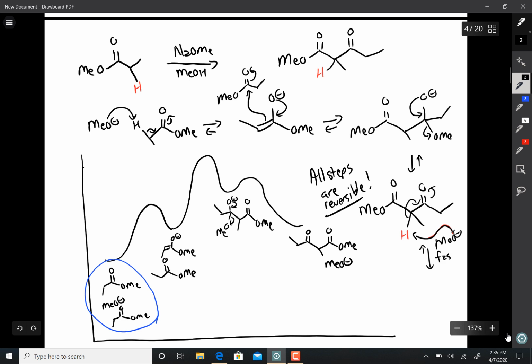And this is the fastest step in the reaction. And what we end up getting is a significantly weaker base than the methoxide. And this is a very fast reaction, so the activation barrier of this is small.